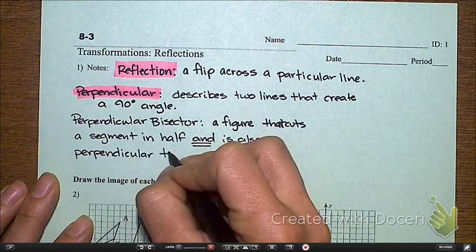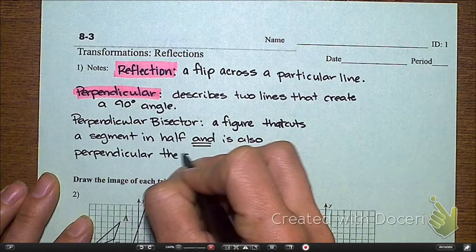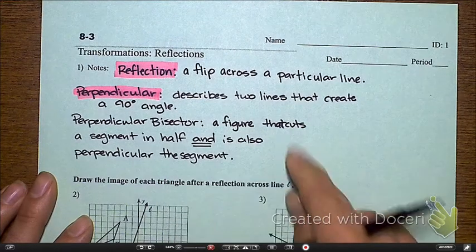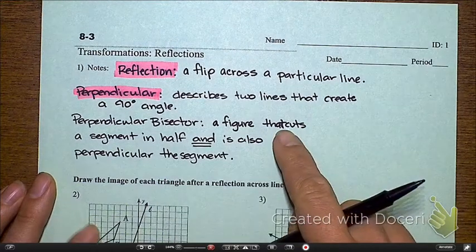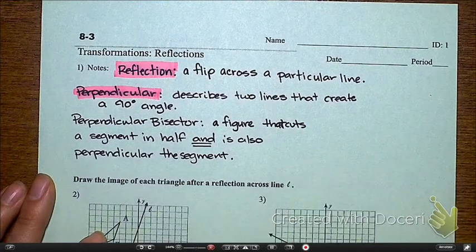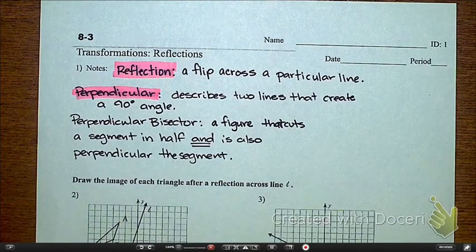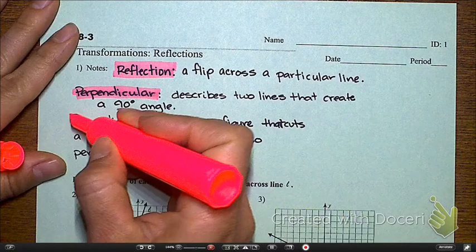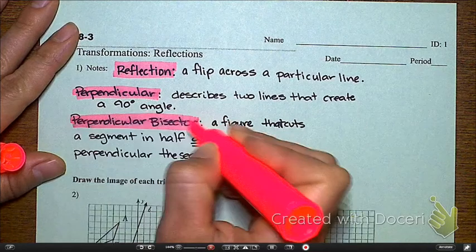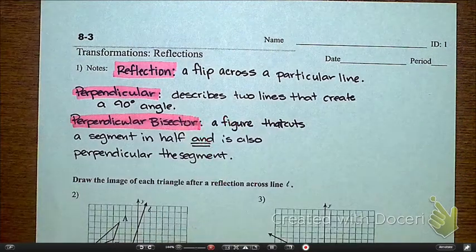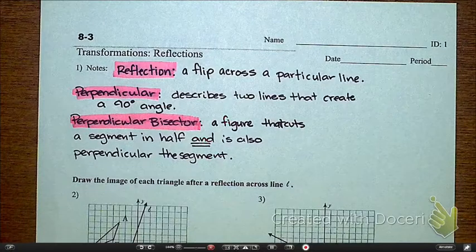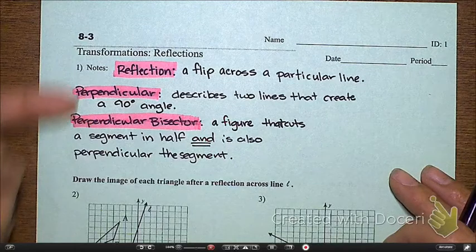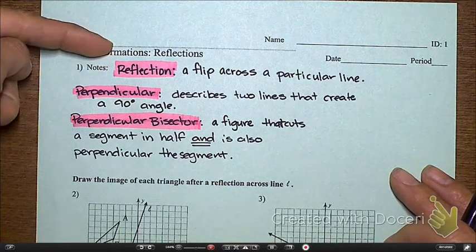Yes. I forgot the T and then I tried to squeeze it in. So a perpendicular bisector is a figure that cuts a segment in half and is also perpendicular to the segment. We're going to draw a picture here to clarify why these words are important in relation to reflections.